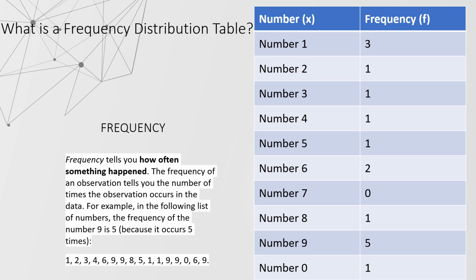It's not organized, but if you organize it and you count the amount of times that a number appears, you can see that the number 1 appears 3 times, the number 2 appears once, the 3 once, 4 once, 5 once, 6 appears twice, 7 doesn't appear, so we can put the 0 in the frequency table, or you can also not include the 7. Number 8 appears 1, number 9 appears 5, number 0 appears once.